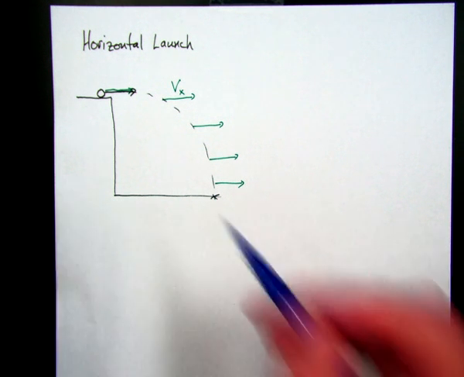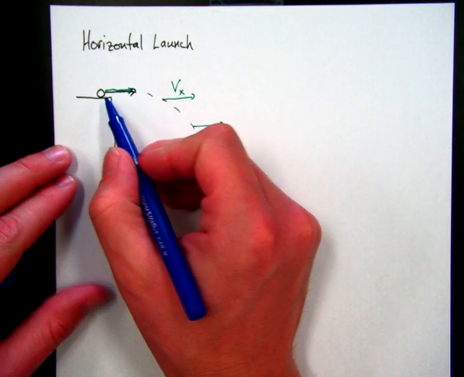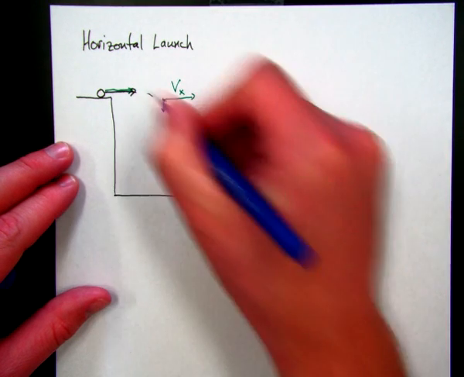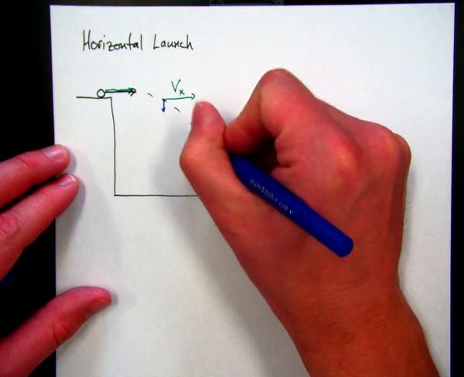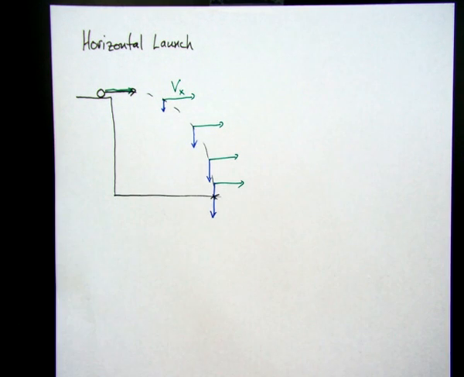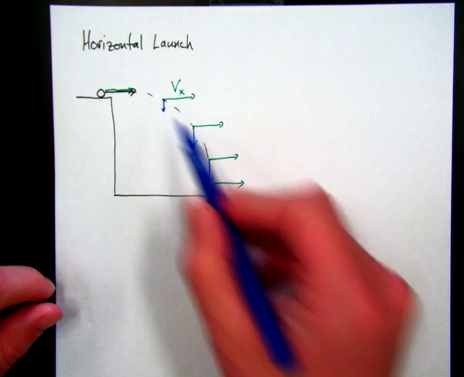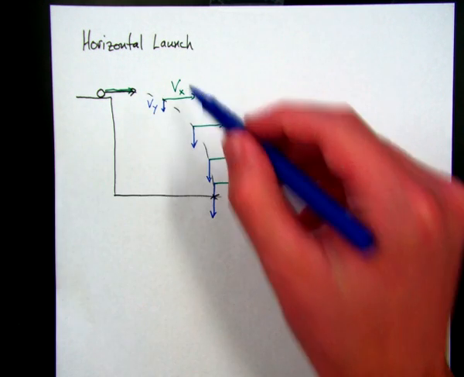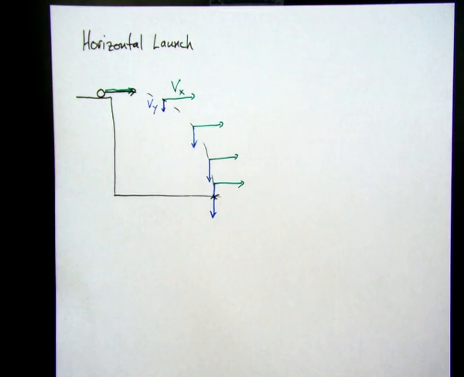However, although it doesn't start with any initial velocity in the y direction, once it has left this ledge, it begins falling faster and faster, gaining vertical velocity, which we can call Vy. Vx is constant, Vy is changing.